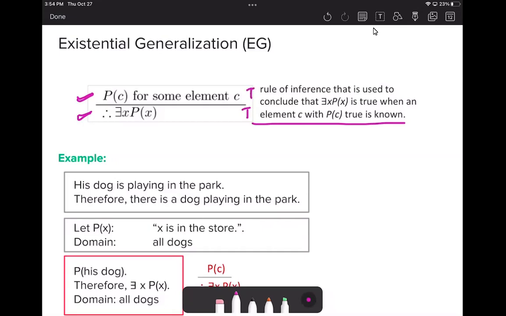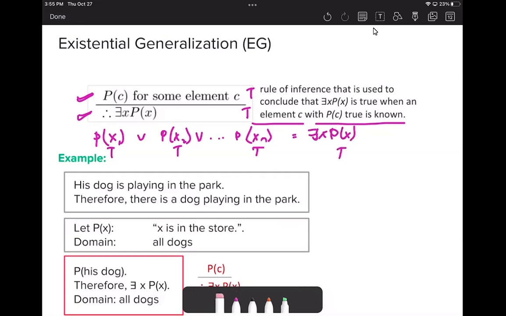If you remember, we can express existential quantification in the form of disjunction. So we have, let's say, P of x sub 1 or P of x sub 2 until P of x sub n. If at least one of these is true, let's say all of them are true, then there exists x, P of x should be true.